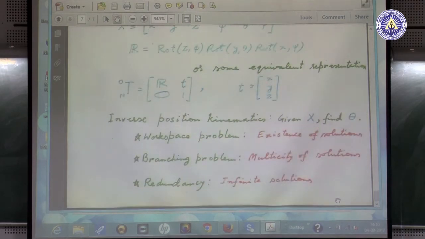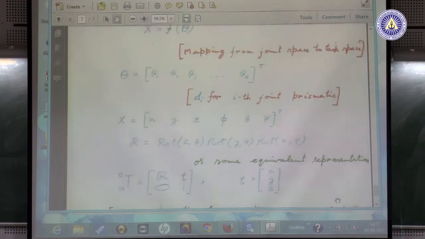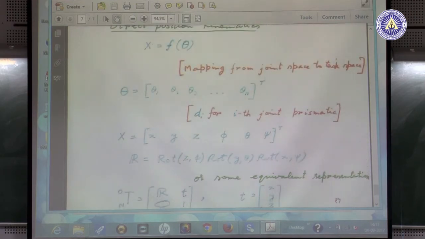Now, this problem took a long time for researchers to crack, but it has been cracked, decades back. This actually has several questions in it. If you think mathematically, x is a straightforward function of theta.